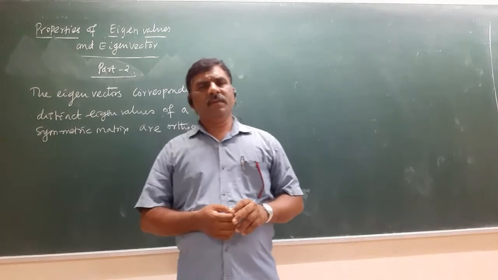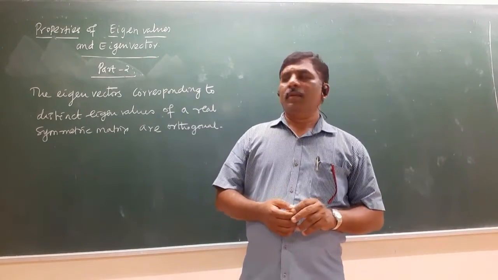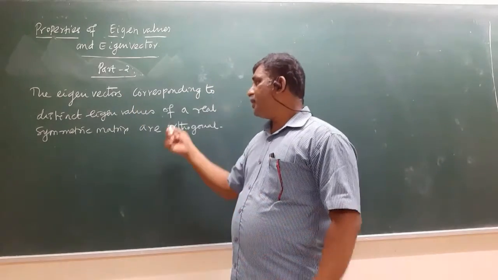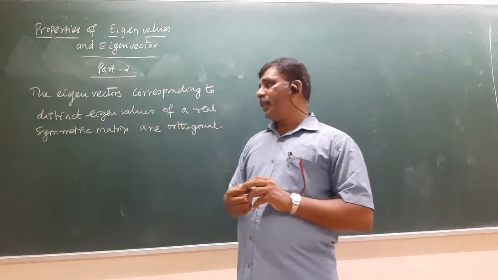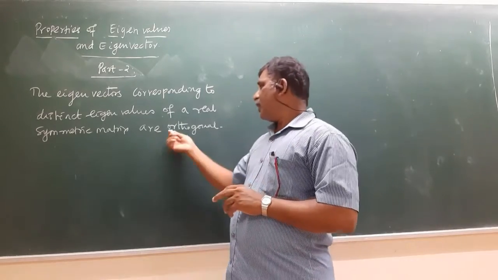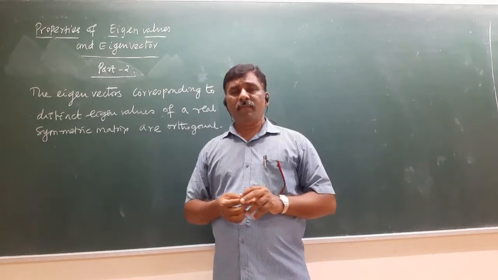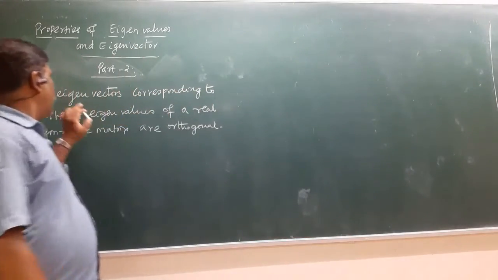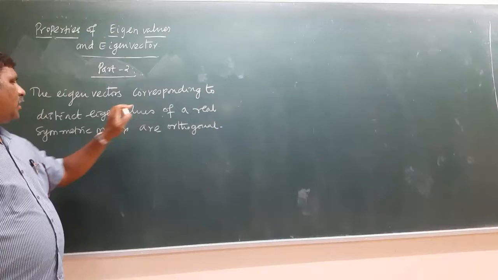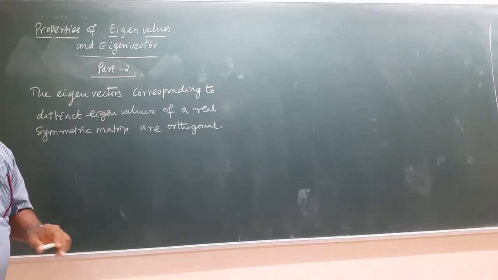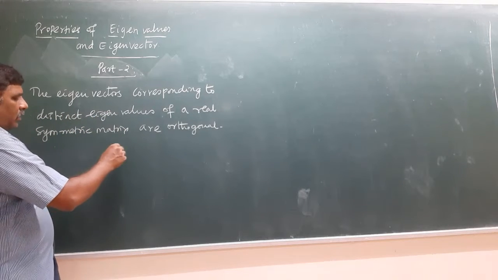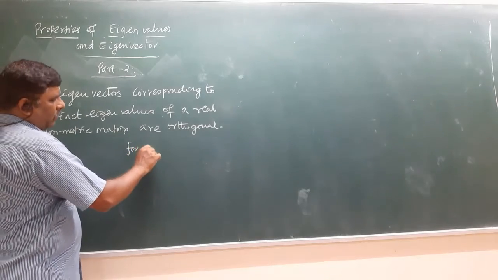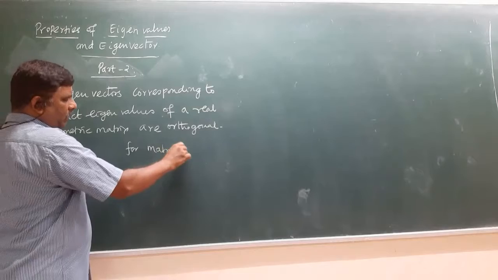The next property is: the eigenvectors corresponding to distinct eigenvalues of a real symmetric matrix are orthogonal. See here, the eigenvectors corresponding to distinct eigenvalues for a matrix of order n.